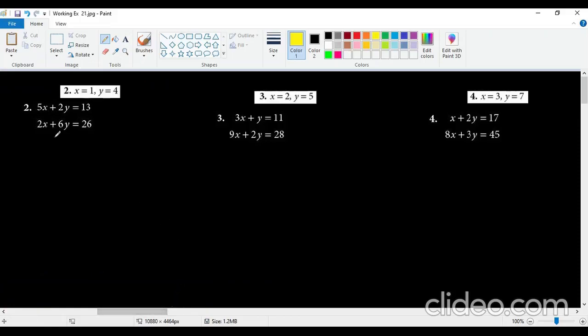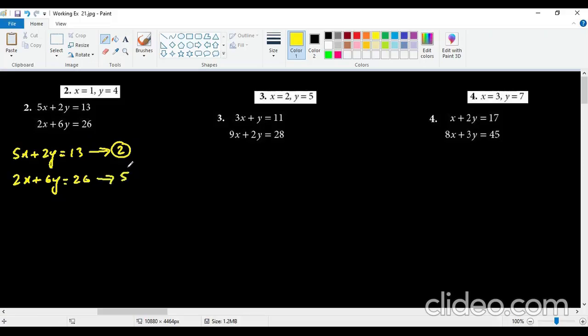In this question, I know very well it's 5x plus 2y. So I will multiply both the equations by 2 and 5 simultaneously. I will write 5x plus 2y equals 13, and 2x plus 6y equals 26. I will multiply this equation by 2, and I will multiply this by 5.